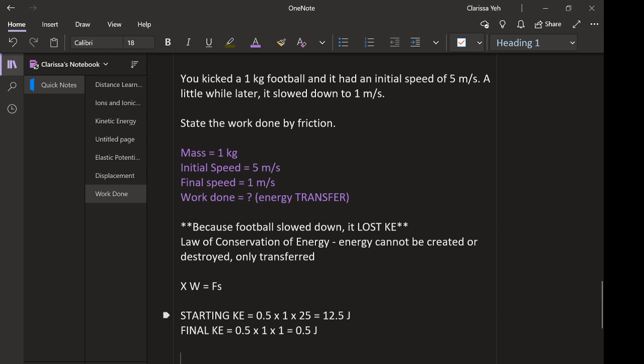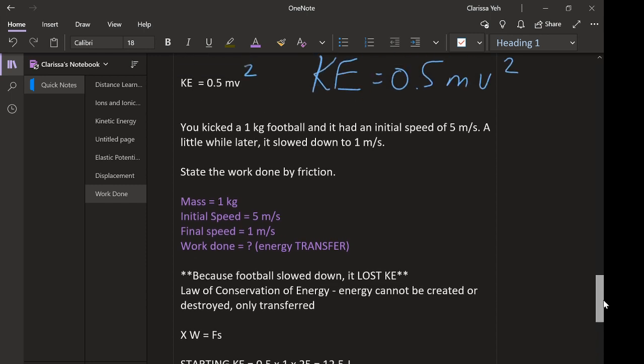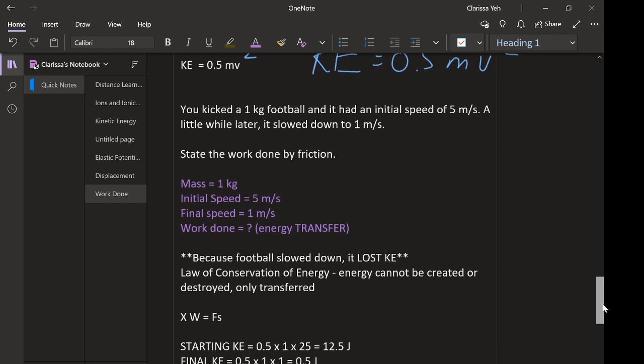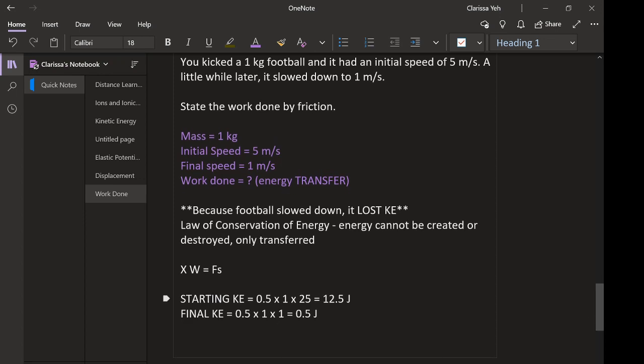I calculated this just using the same formula for kinetic energy as we have been using, 0.5 mv squared. The only difference is that instead of actually writing 5 squared, I just directly made it 25, because I can't really do superscripts easily on here.